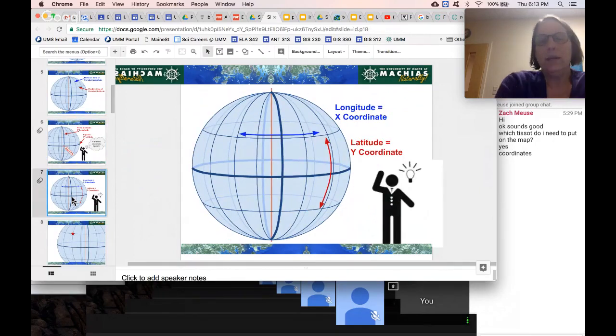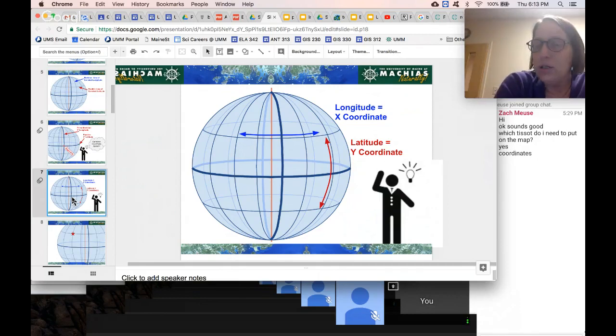Now, one thing that's really important to remember is that longitude is east-west. Longitude is east-west, and that means that it is the x-coordinate. It's confusing because we usually say latitude, longitude in that order, and we usually say x, y in that order. So it's reversed.